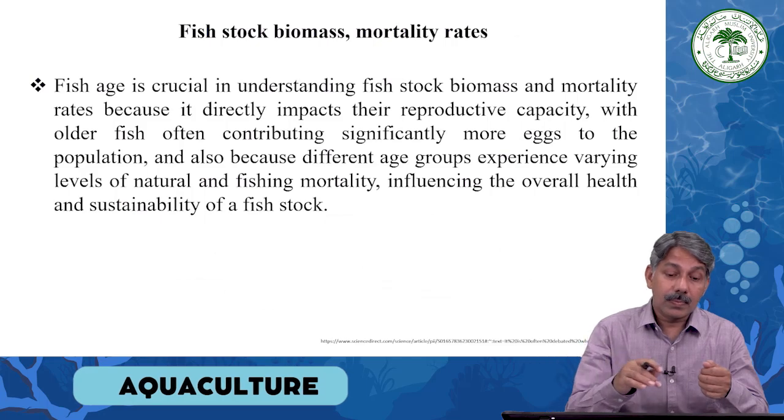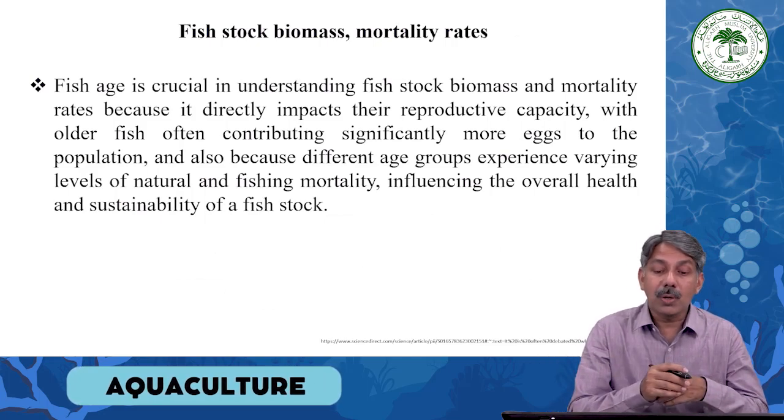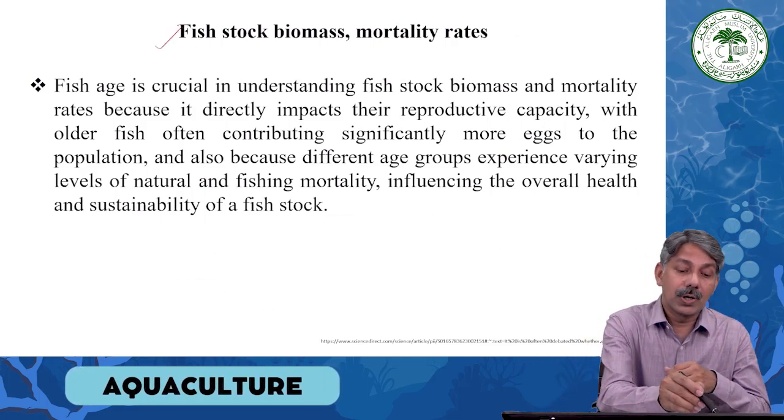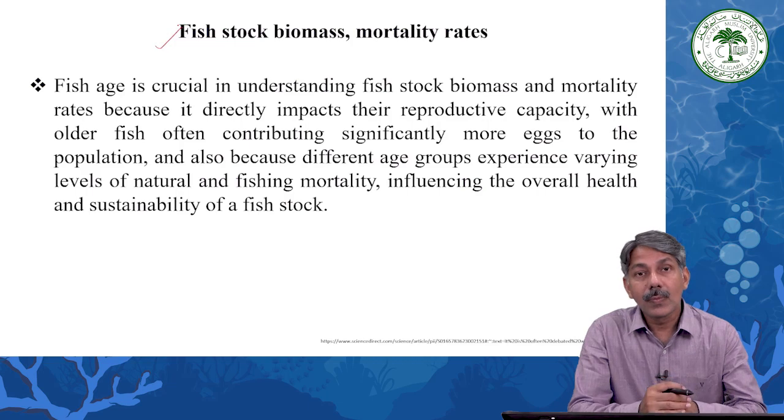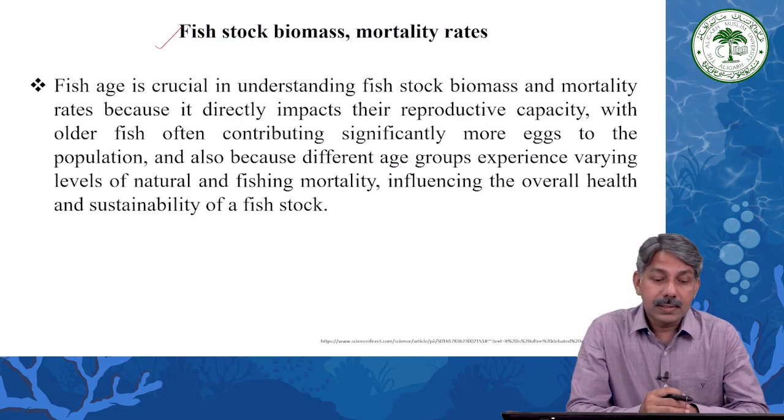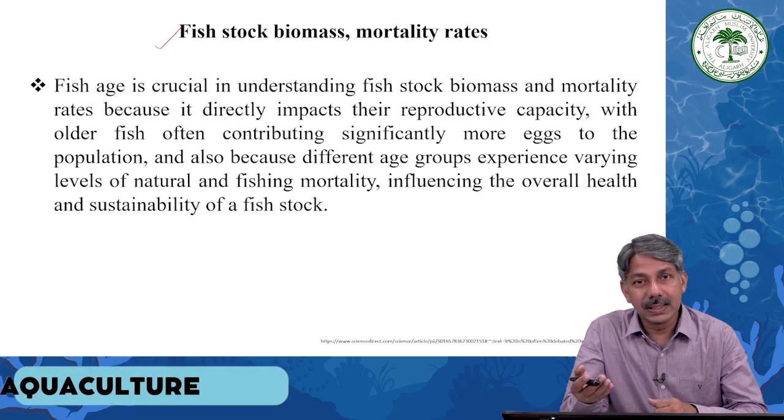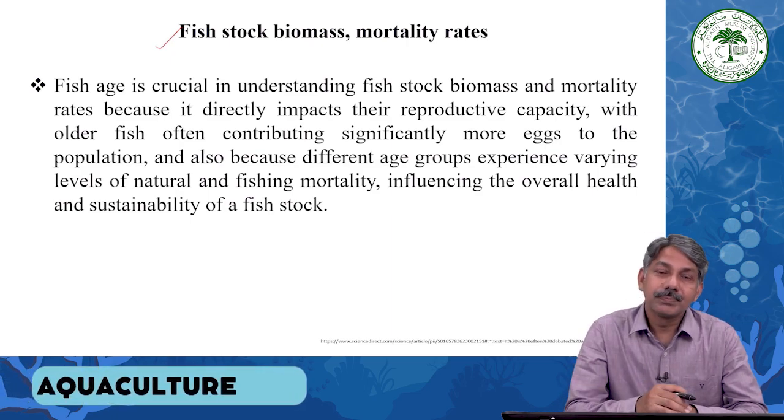So the next point is fish stock biomass and mortality rate. I told you that when we are dealing with a fish population in a riverine environment, I can give you the example of the Ganga river.